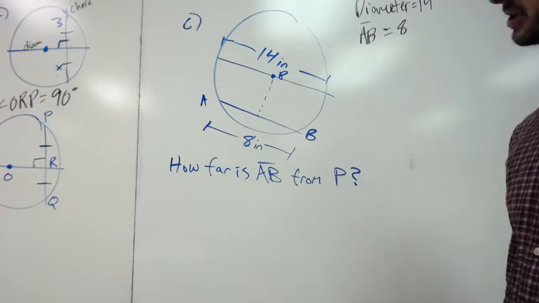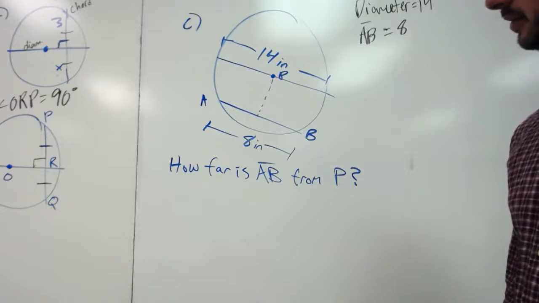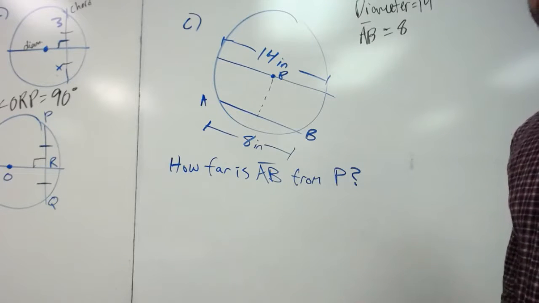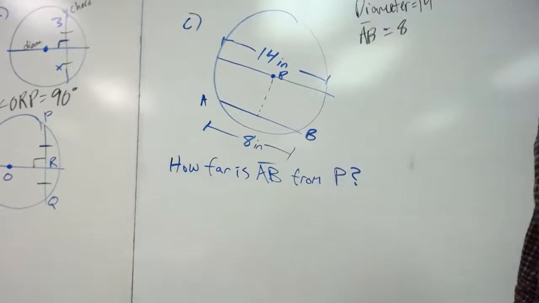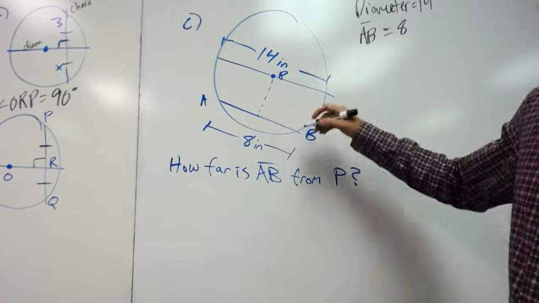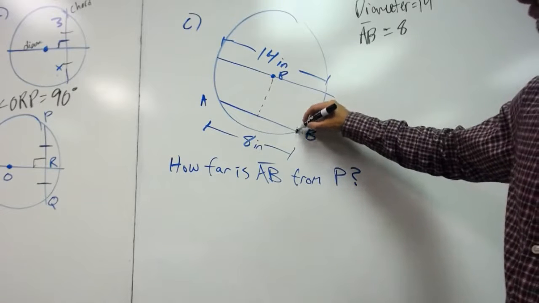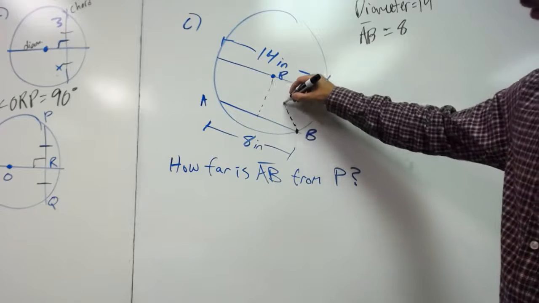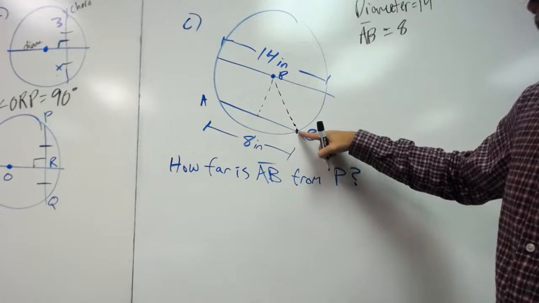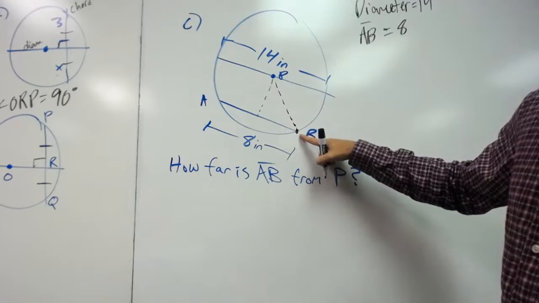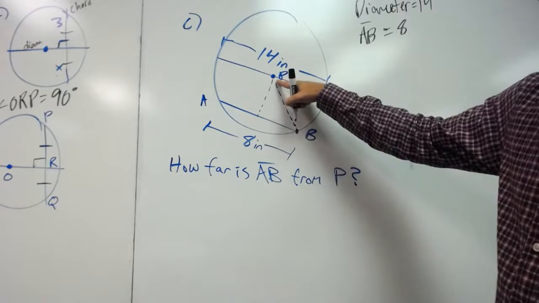If we think back to what we know about circles, what we could do is create a triangle, and we could go from this point to this point. Now, what do we know about this line? It's at the endpoint of a circle and goes to the center.